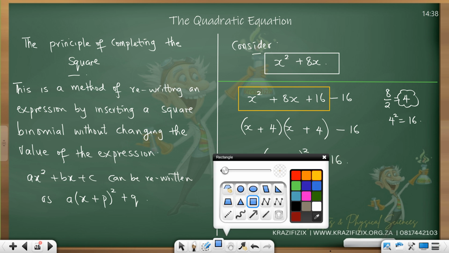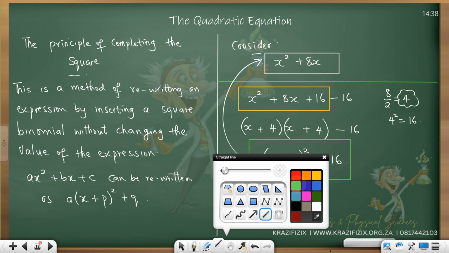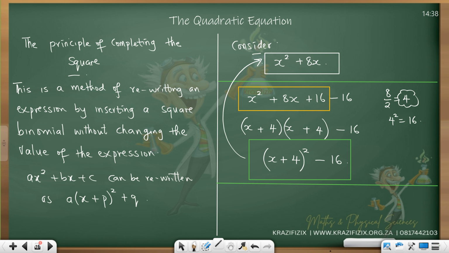Look at my new equation. I promise you, if we simplify this, it will give me that. Let's simplify together. Don't worry, I'll give you a note. I just wanted to see where we're going. If we simplify, let me draw another line just to see if we are correct. You see, I've changed how my equation looks.